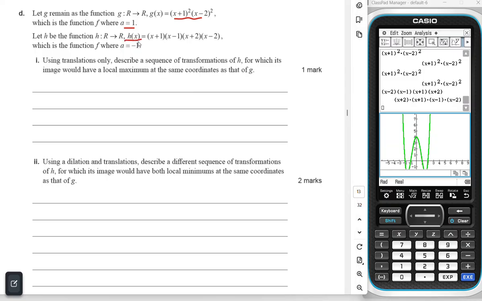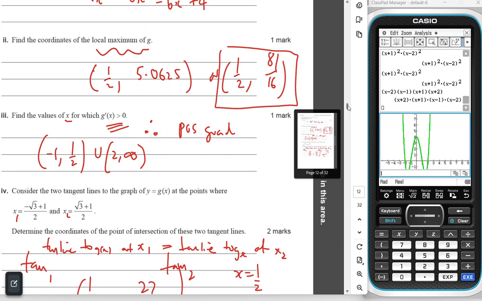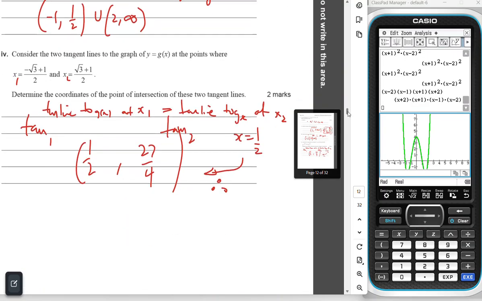h of x. H of x has at 4, 0, and translations only that takes h to g, and we know from over the page, g has one at a half and 81 on 16.